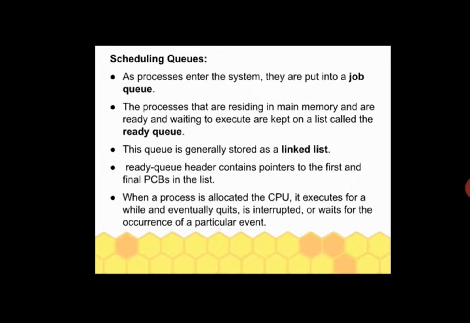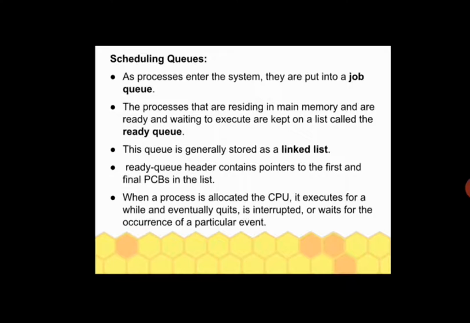Now, scheduling queues. Okay, as processes enter the system, they are put into a job queue. Remember, I intentionally made all these points. Instead of going for the entire paragraph, it is better to write the points, so that while writing the examination, you can learn point by point, and you can write the point, and you will get the marks. That is the actual smallest thing.